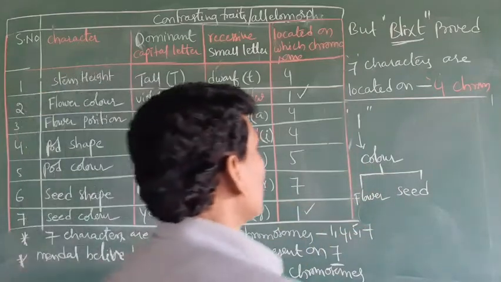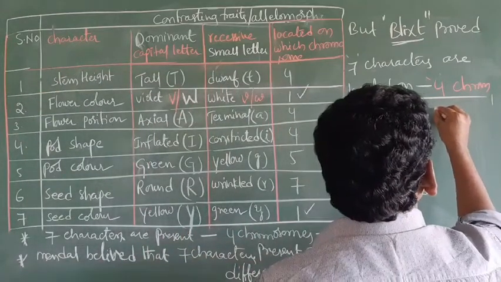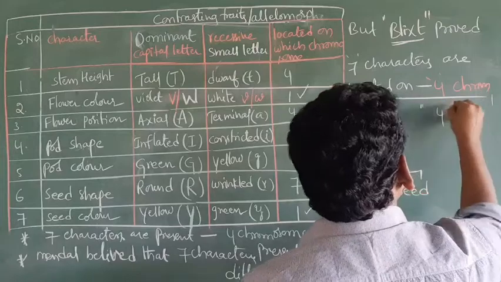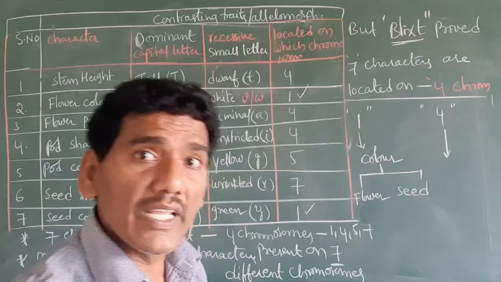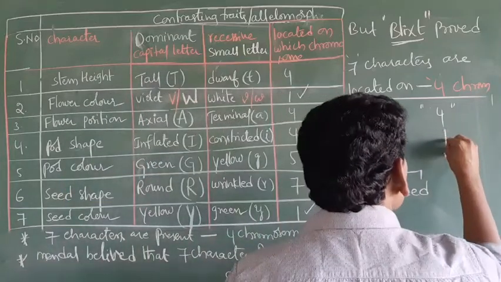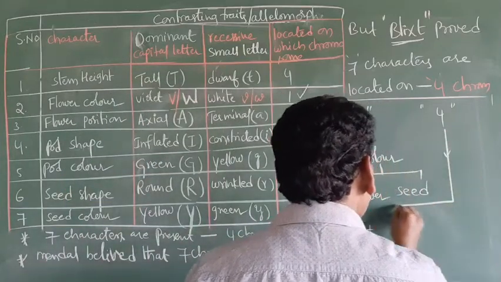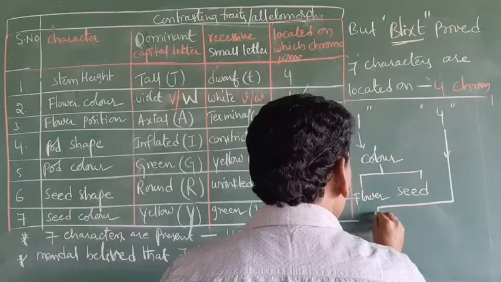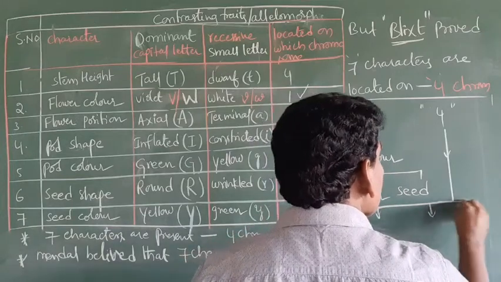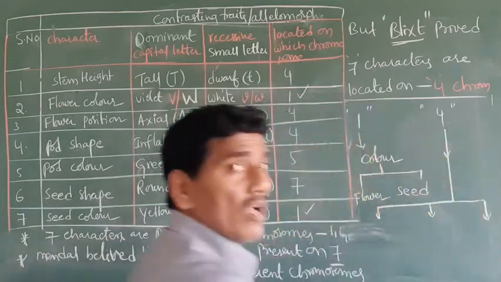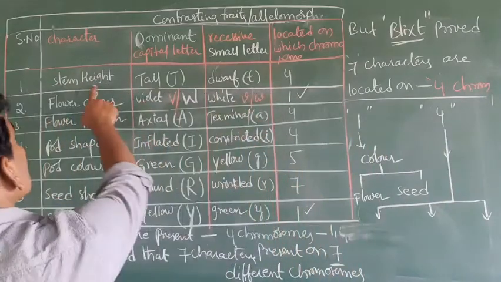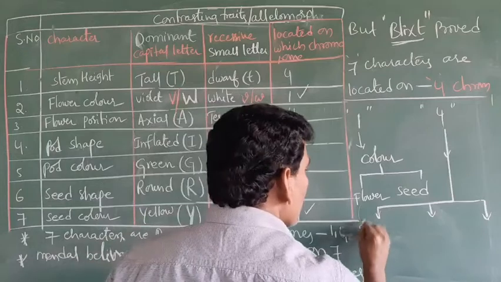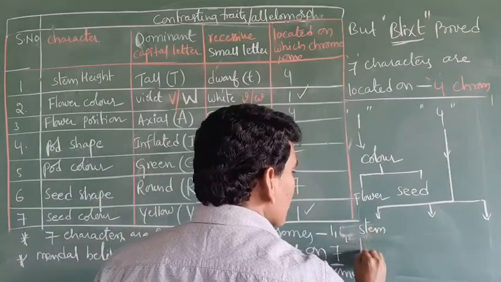Second, the 4th chromosome. On the 4th chromosome, totally 3 characters are involved. What are the 3 characters? First, stem height.